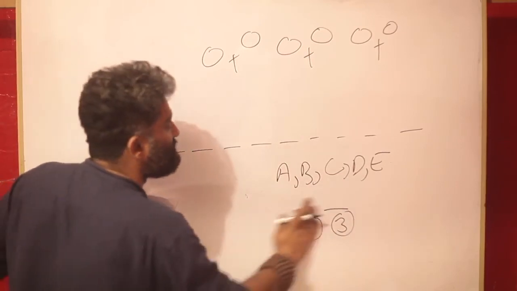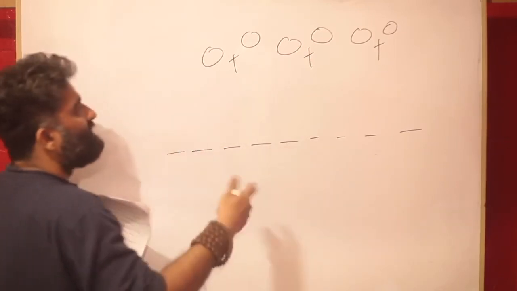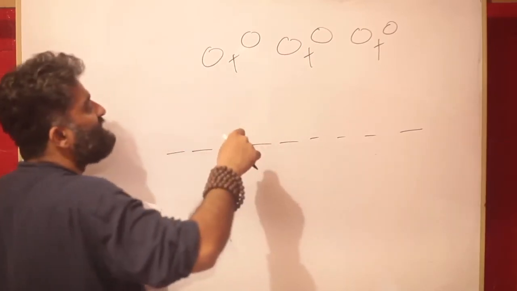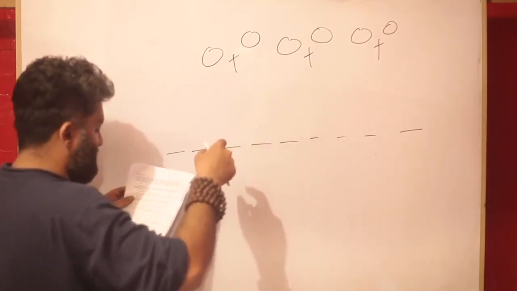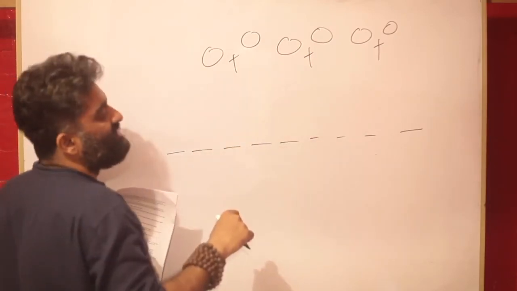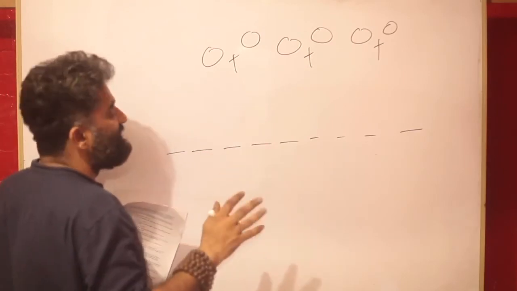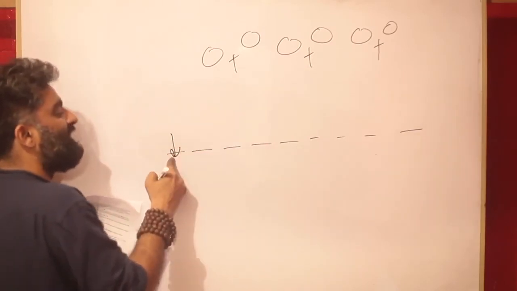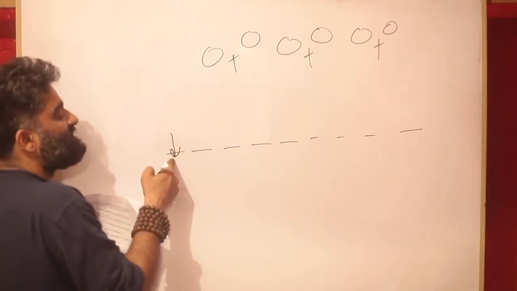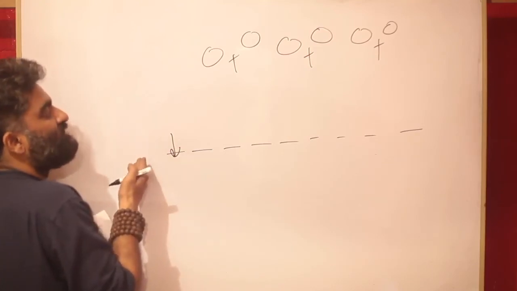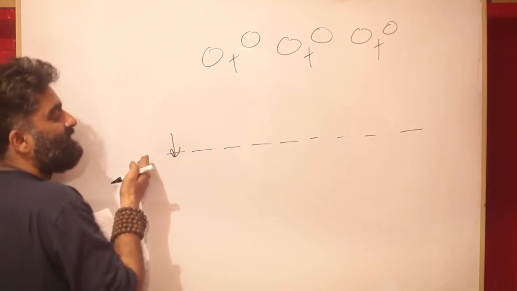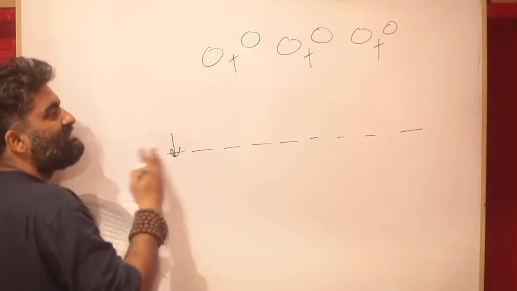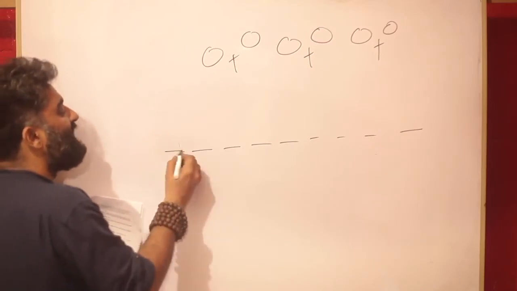At this point you can also start using the formula, but again let's avoid it for a minute. And the story says, seat them in such a way that the child is sitting between the parents, right? So the child should be between the parents. That means, can I put a child here? I cannot put a child here because there is no position for the parent, because the parent should be on either side of the child, right? So where can I put a child?